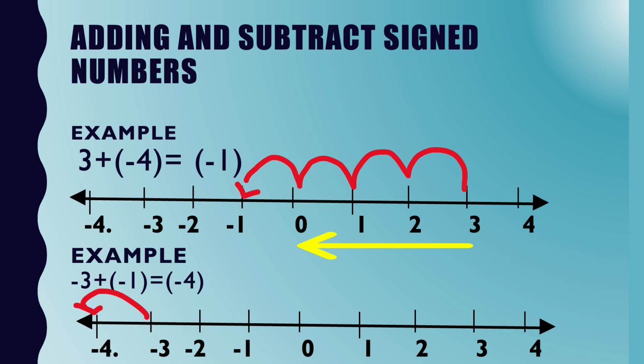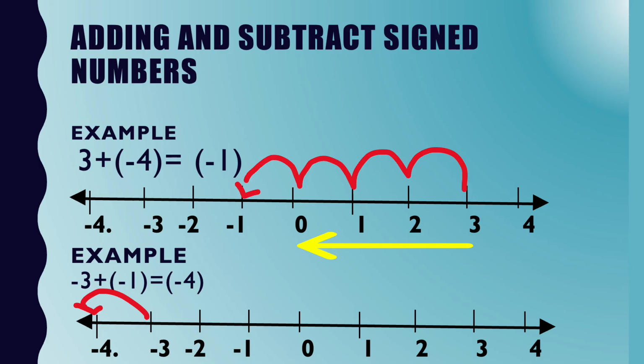Where is the -3? Here is the -3. And what is the second number? It is -1. Minus numbers always lie on the number line on the left side.